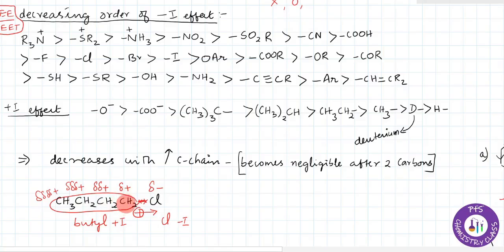Therefore, that is not of much significance when compared to the other bonds with heteroatoms, which will be the target of attack or the vulnerable bond that will break. So we always focus on those pairs of atoms in which the electronegativity difference is very high. Chlorine is more electronegative than carbon.